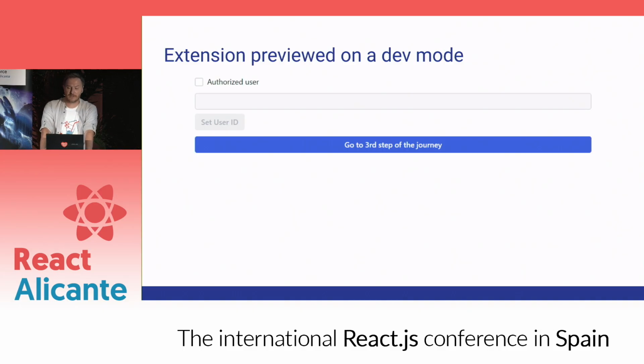But before I bundle it, I'd love to know if I developed the clickology the right way. So I'd like to have the extension and the application somewhere near, just to see which step this blue button will take me to. And here it is, Vite, just to save the day again. It provides interesting functionality of multiple entry HTML files.